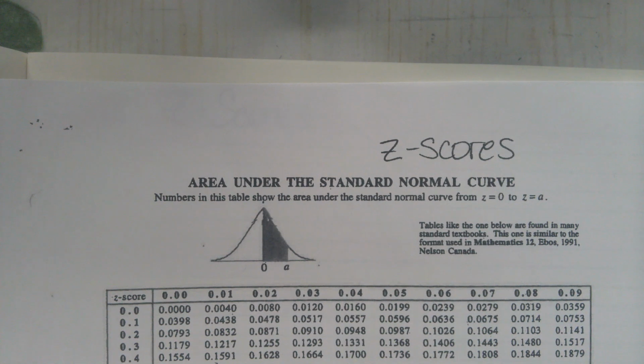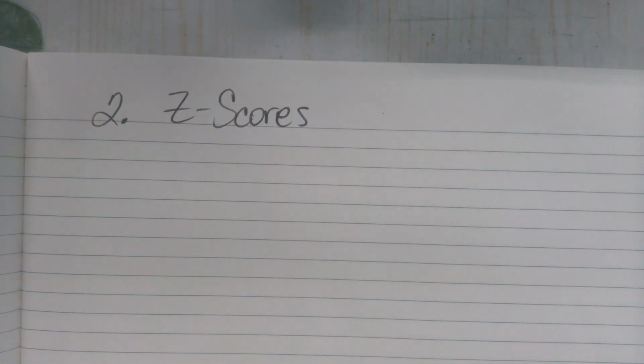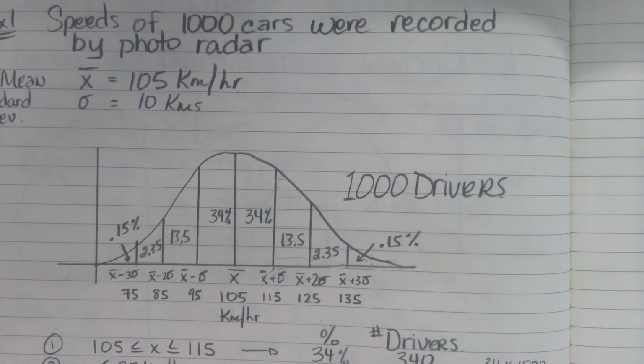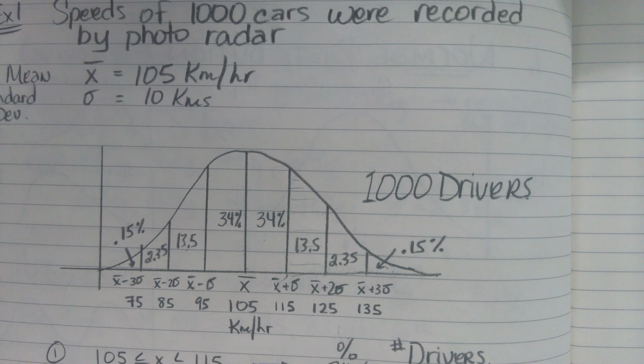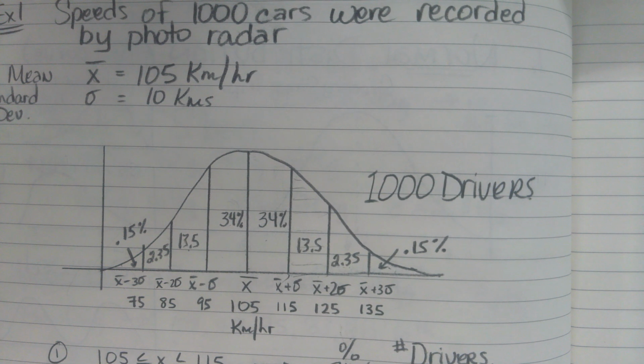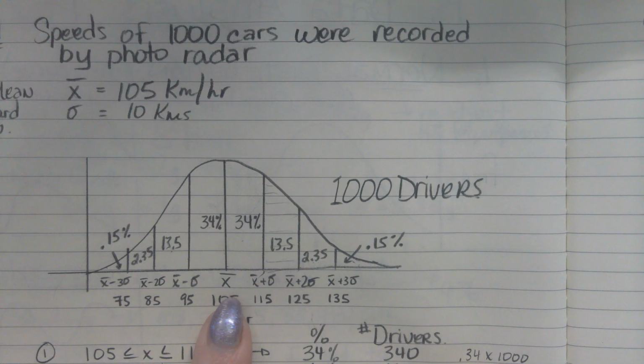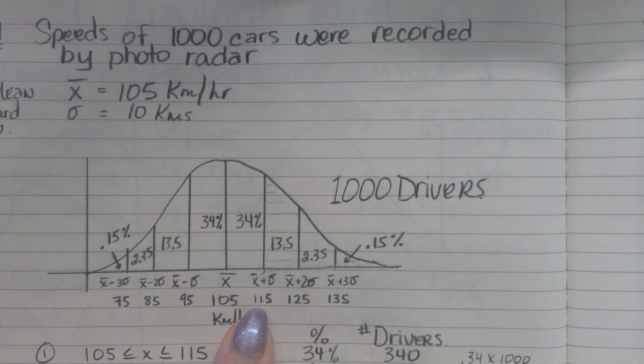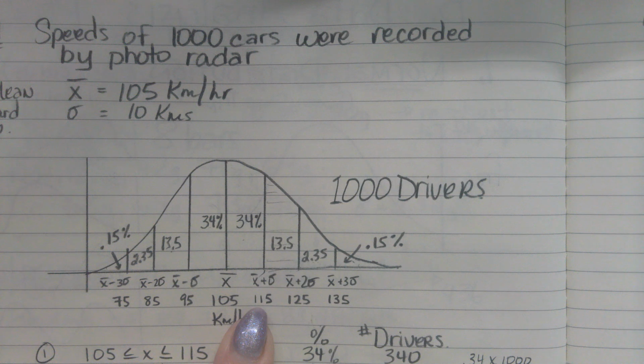Last day, we looked at just the main structure of it, and we divided it into standard deviations: 1 standard deviation out, 2 standard deviations out, 3 standard deviations. Last day the standard deviation was 10 kilometers. But what happens if I was driving 107 kilometers an hour?